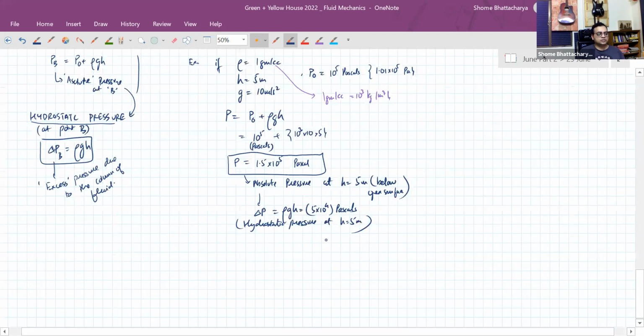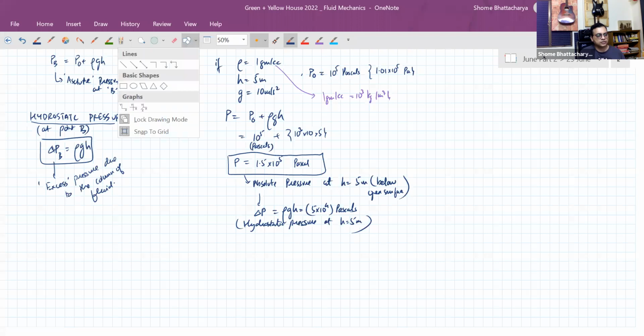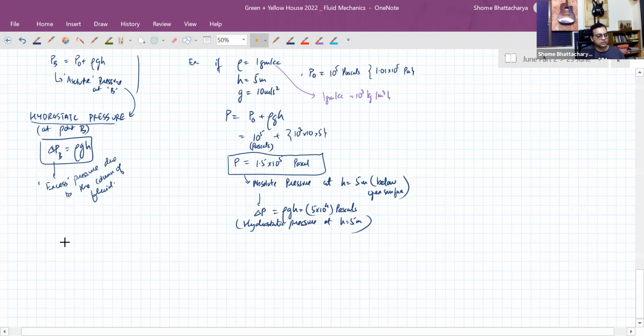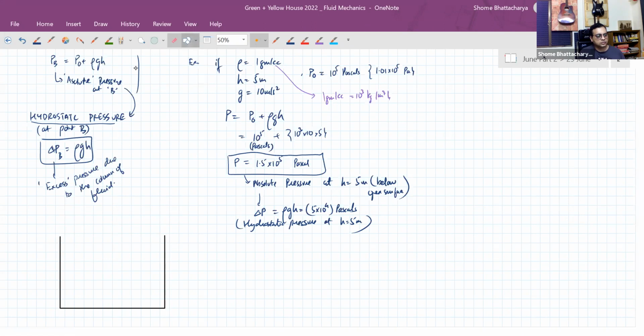So having understood this now, let's do an example question. So we have a situation like a U tube over here, like a small glass tube bent into a U shape.